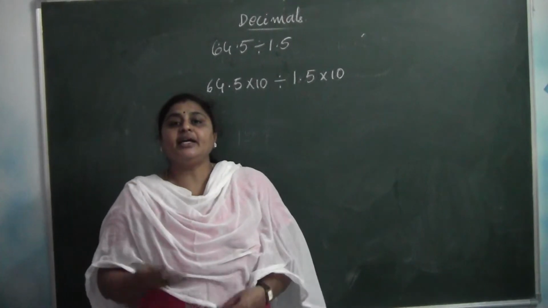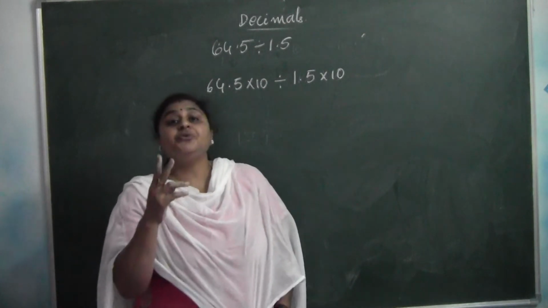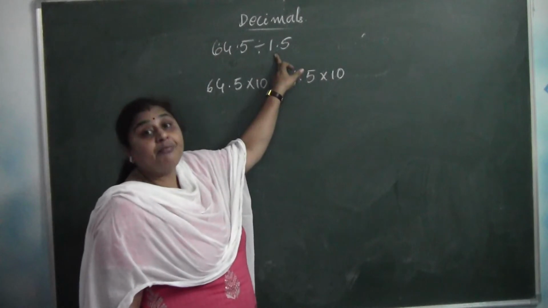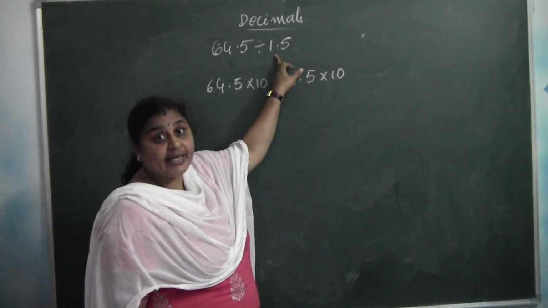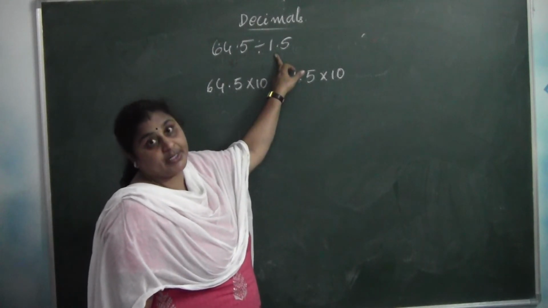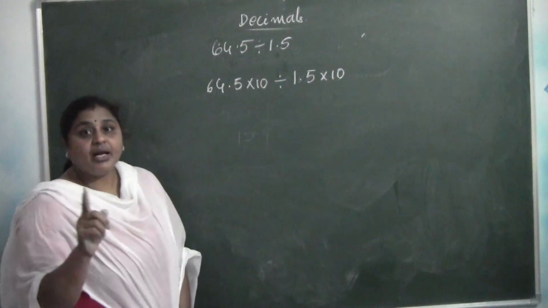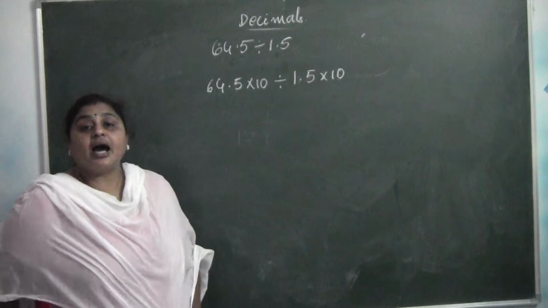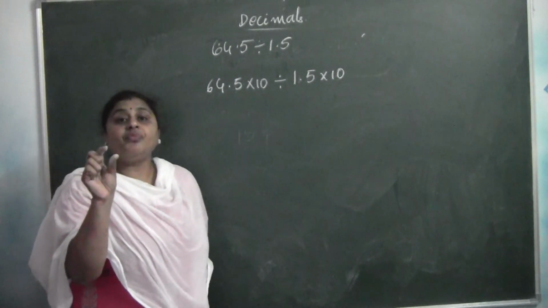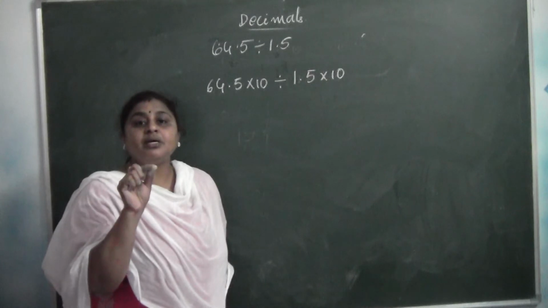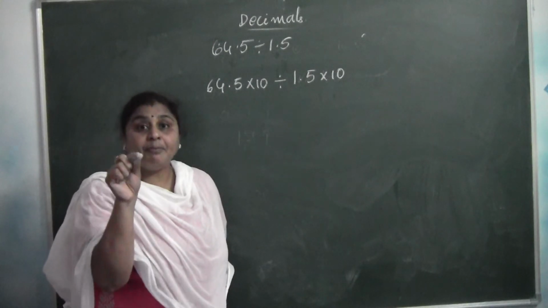So when you are dividing two decimal numbers, you need to check in the divisor the number of digits that are being placed after the decimal point. Okay, right. Now, what did I say? When you are multiplying with 10, hundreds and thousands, depending on the number of zeros, the decimal point will jump ahead.